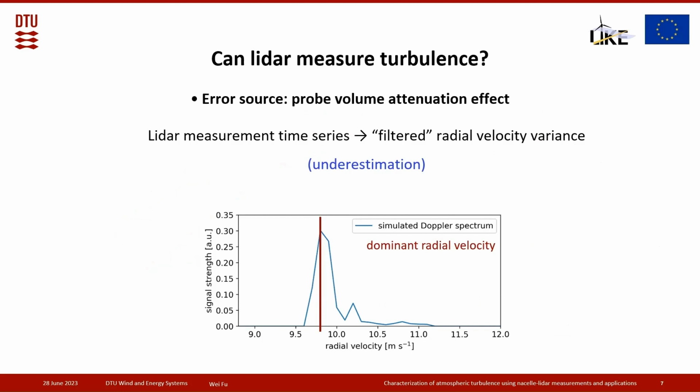This spatially weighted fluctuation, we call the filtered radial velocity variance, because this approach will have a damping effect, or filtering effect, on the turbulence we get. So this will cause an underestimated turbulence value, and this is a factor that contributes to the systematic error of turbulence estimation using LiDARs.